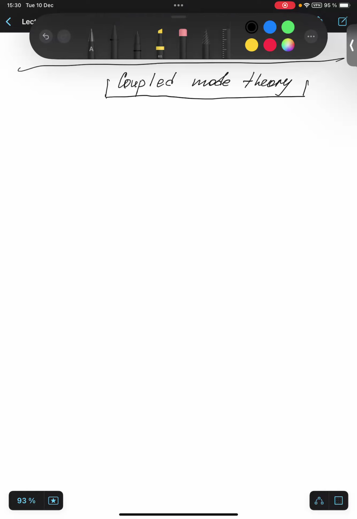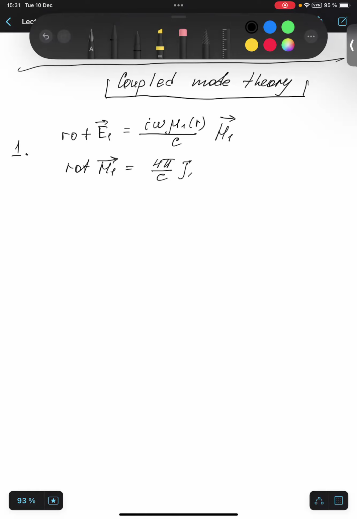So let's start. We have two different solutions. Let's say the first one, I will write it: I omega mu over C for the magnetic field, I over C G1 minus I omega epsilon 1 divided by C E. It's the first mode.